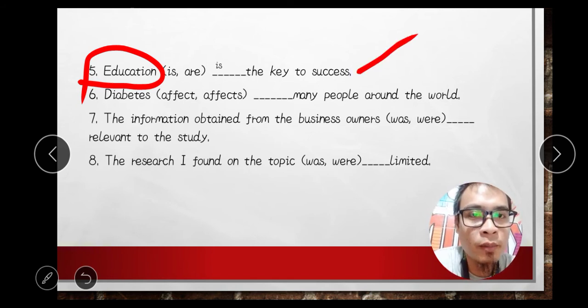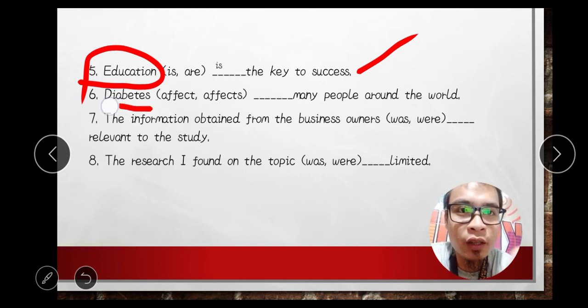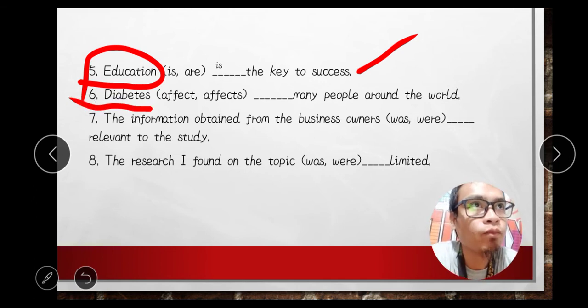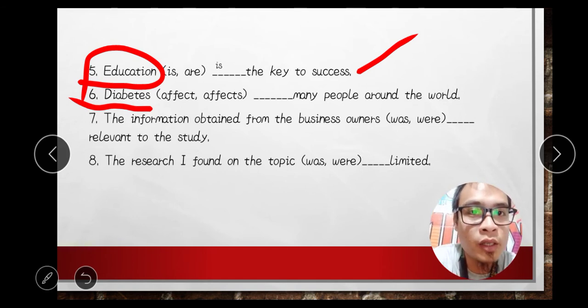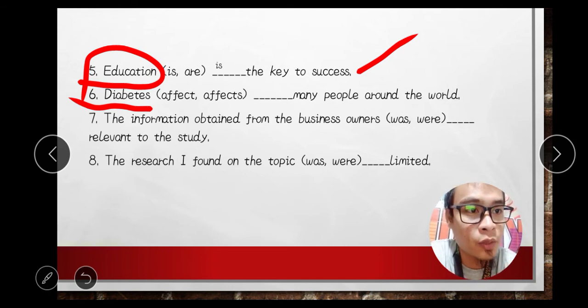Number 6. Diabetes affects many people around the world. So it's very clear again that diabetes is a kind of non-count noun, meaning you cannot count it. The noun is uncountable, so this diabetes is formed as singular.